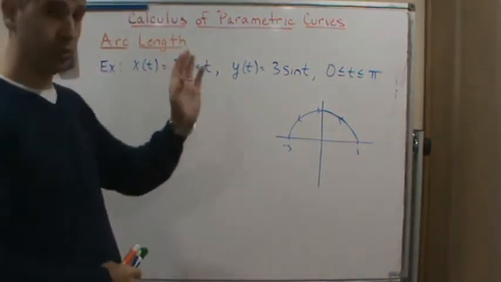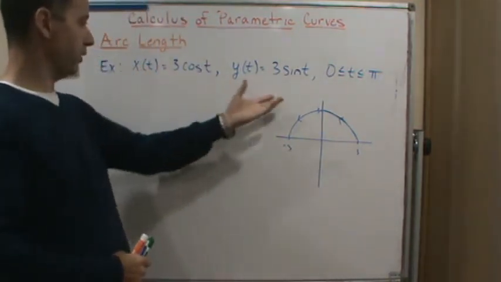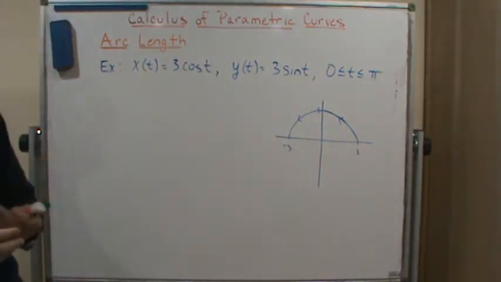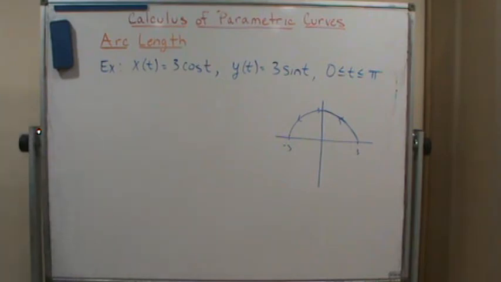But let's use the fact that we have parametric equations that represent the same curve, right? Let's use the formula for arc length that we derived.